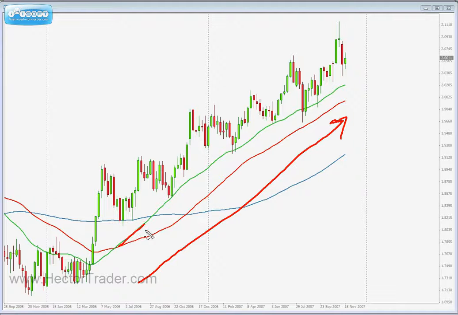I keep an eye on my dynamic area of support. Then I wait for a pullback to that area. I get a pullback to that area, and then I read price action in the shorter time frames. If I see the beginning of a retracement, bang, I enter long there, and I ride it for a new swing up.